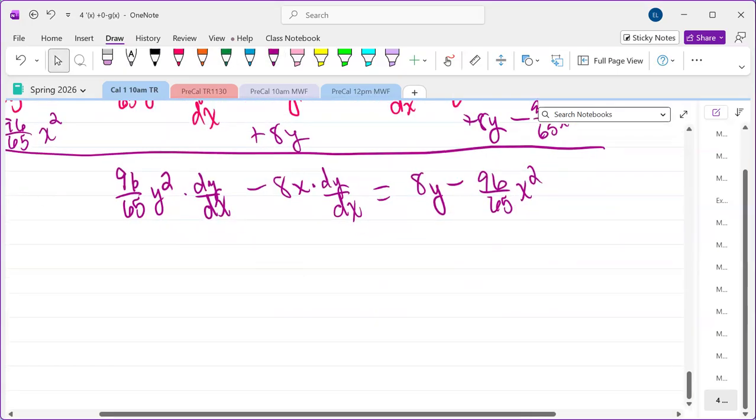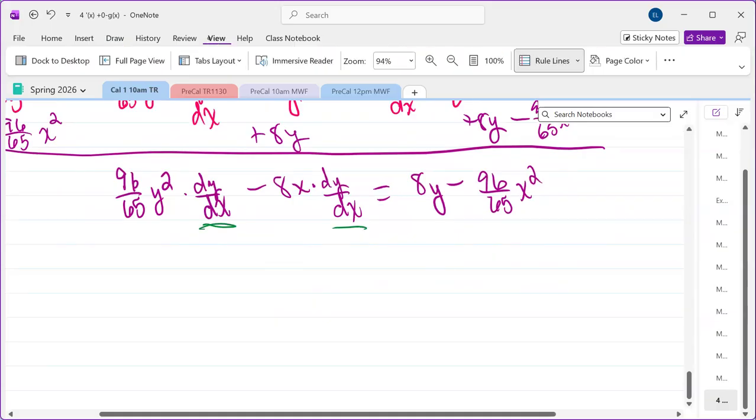Right now, our terms with dy dx are isolated, so we can factor out dy dx as a common factor.